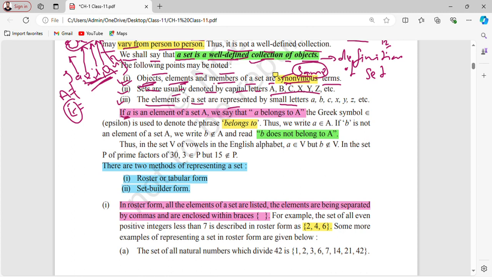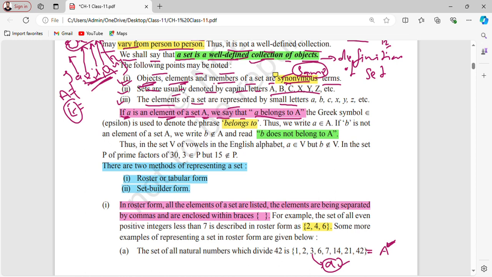If a is an element of a set A, we say that a belongs to A. Suppose this is a set, so this is a, and this whole set is capital A. So this small letter a is an element of this capital letter A set.